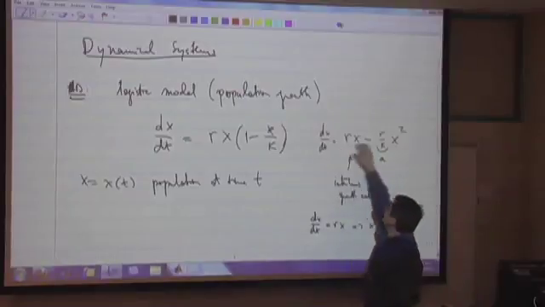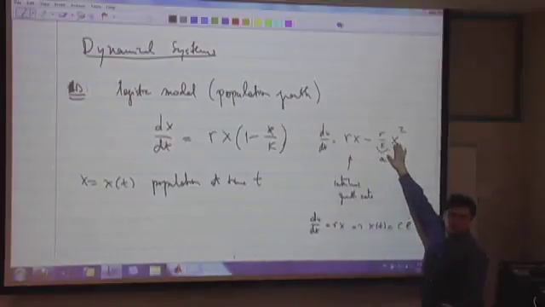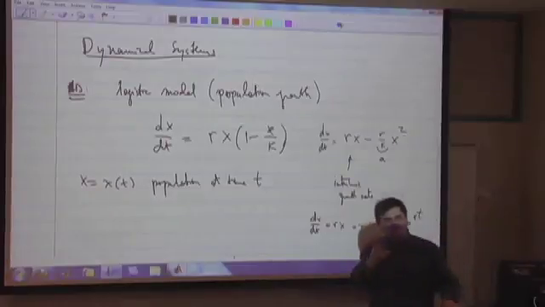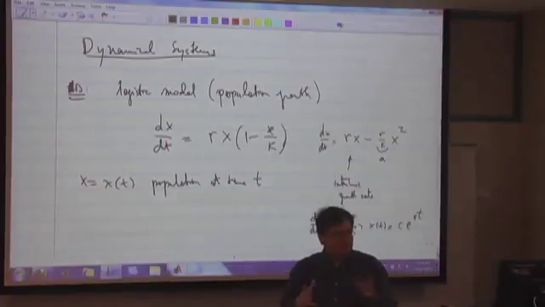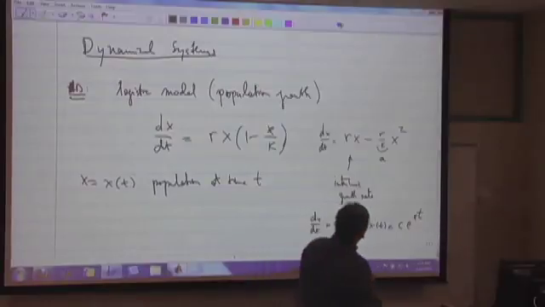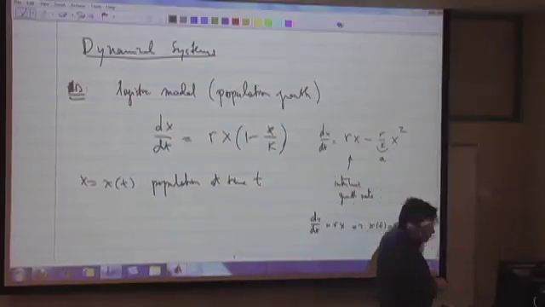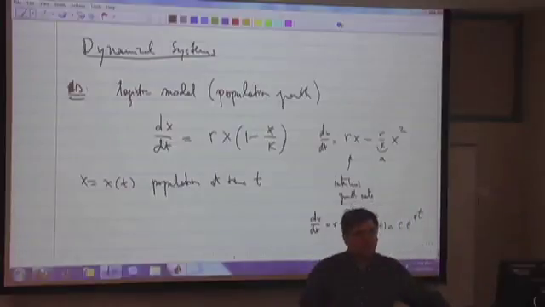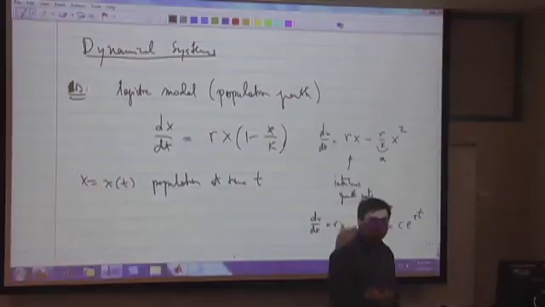So the growth rate is decreased at a rate proportional to the square of the population size. So again, the higher the population, the bigger the negative effect on the growth. Okay.